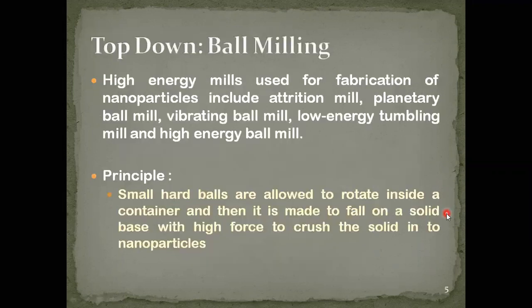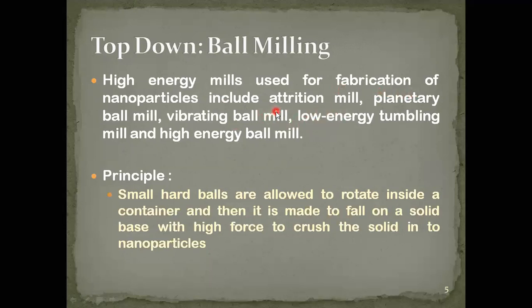Going to the top-down method, we have already discussed that we'll be dealing with the ball milling technique. Different types of energy mills are used for the fabrication of nanoparticles. Fabrication of nanoparticles in the top-down method means we are taking the bulk material and reducing its size. Here, high energy mills are used for the fabrication of nanoparticles.